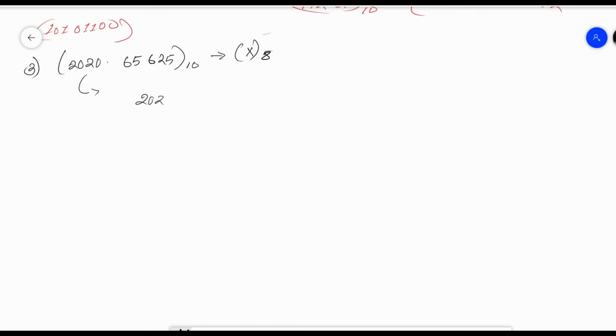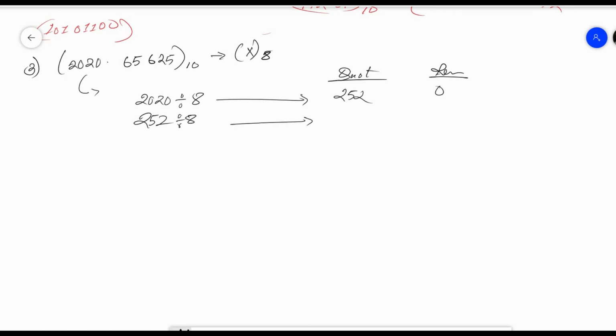We have 2020 and divide it by the base of the octal number system, that is 8. Now we have again the quotient part and the remainder part. So if we divide 2020 by 8, we get 252 with remainder 4.